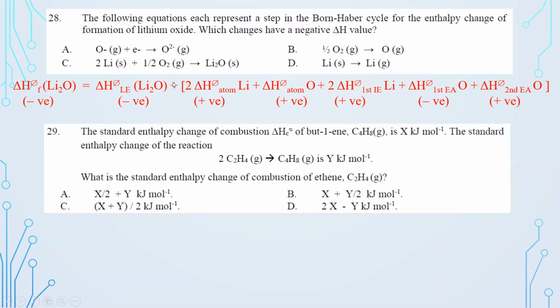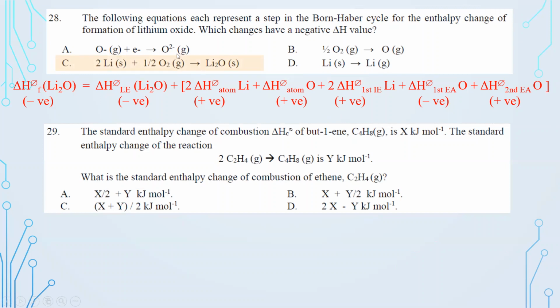So in here I label all of the processes which are endo or exo. Since we are looking for a negative value, we are looking for exo. So here it is a formation which is exothermic here.